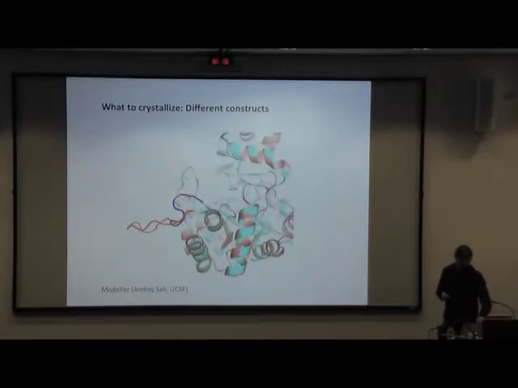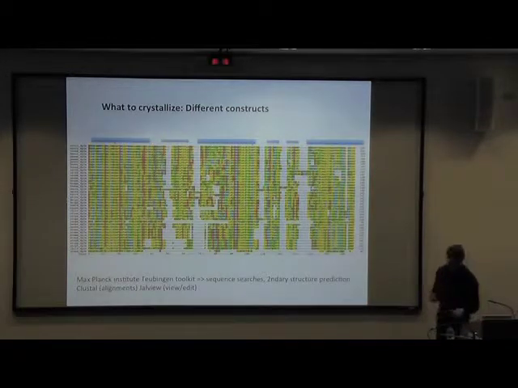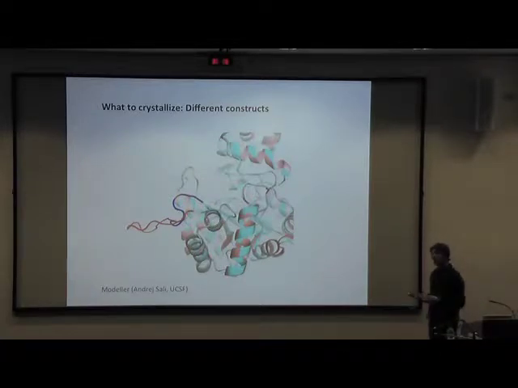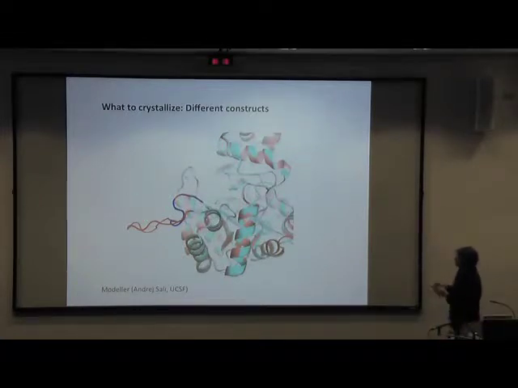And suddenly, this linear sequence alignment gives you structure information about a particular loop that in one protein is small and in another is much larger. Possibly it's very flexible, and that's not going to be very good for crystallization, so you might want to take that out. On the other hand, if this loop appears to be close to the active site, it may have a particular function, so you don't want to take it out. And that you wouldn't be able to really get out of a simple sequence alignment.